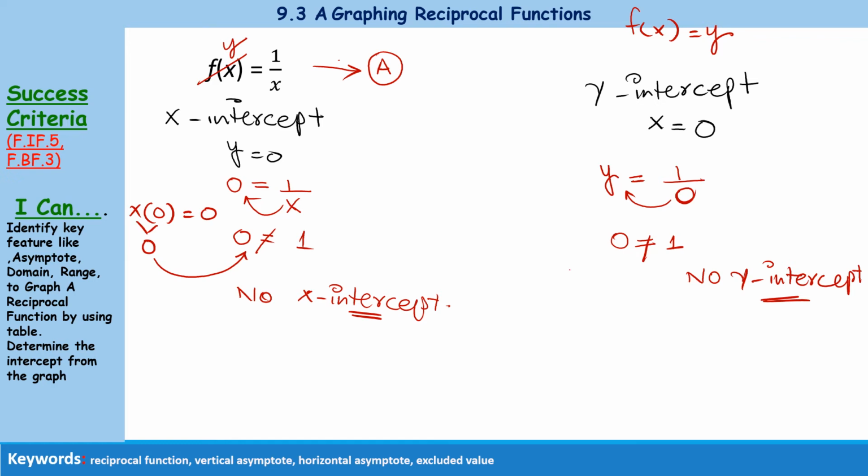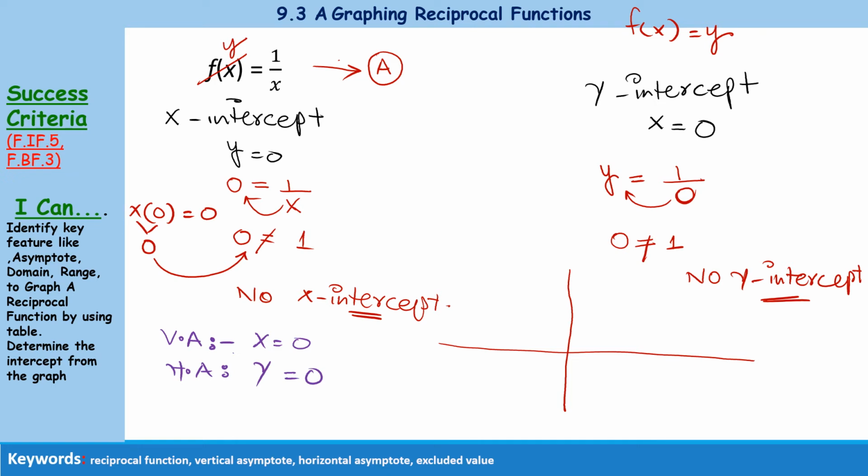Now, before that, I will tell you how to graph it. Before going further, let's see how to graph it. The first thing is you have a vertical asymptote. Previously, the vertical asymptote was x equals 0. We had the horizontal asymptote, that was y equals 0.